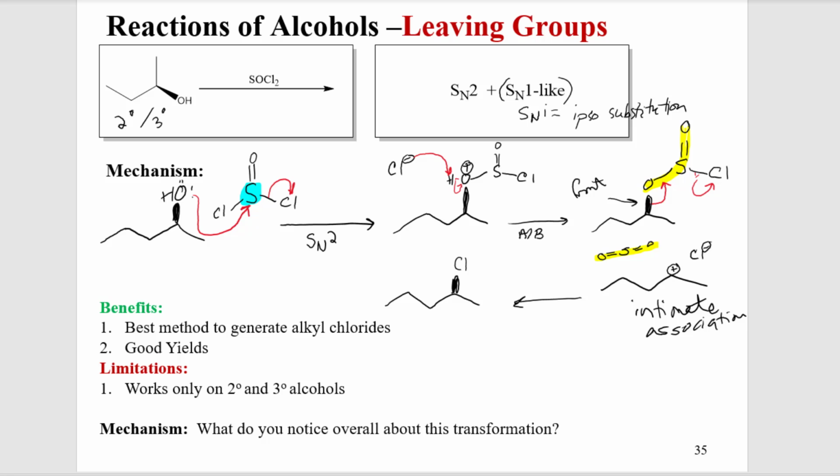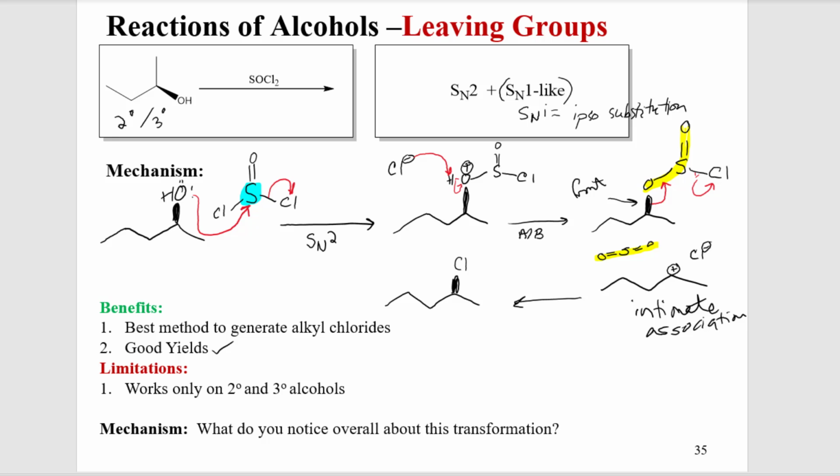Leaving group leaves, nucleophile attacks. The only difference of it not being an SN1 is that you don't typically get rearrangements, and you're going to get the nucleophilic substitution from the same face as the leaving group was. So you get retention. You get good yields for this reaction.